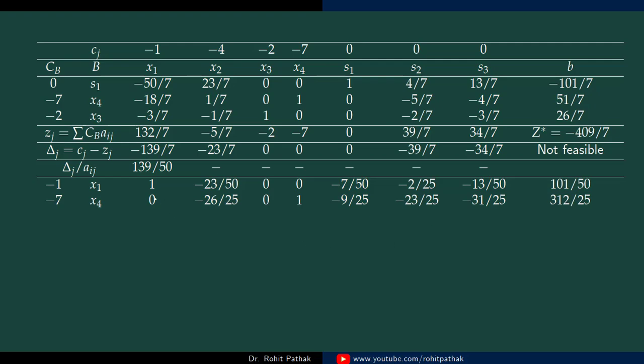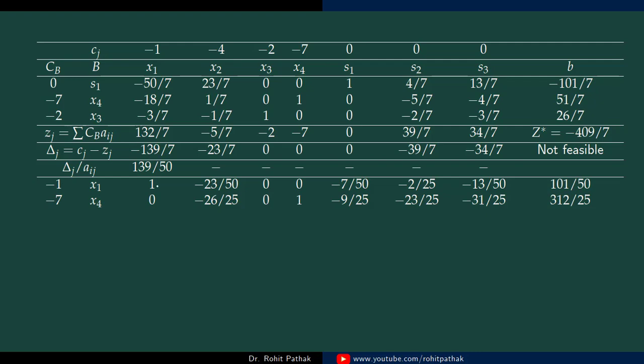Multiply by 18 by 7 and add it to the second row, you get this modified row. And then we have minus 3 by 7, so multiply by 3 by 7 and add to this row.